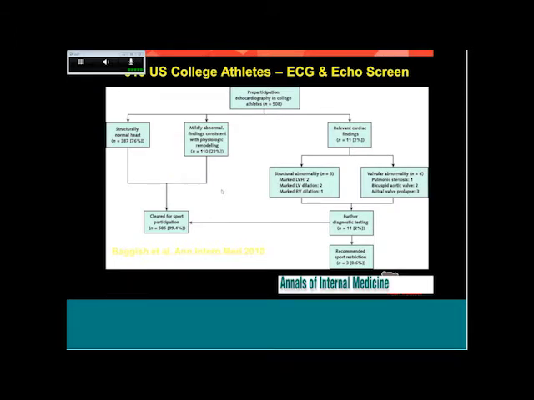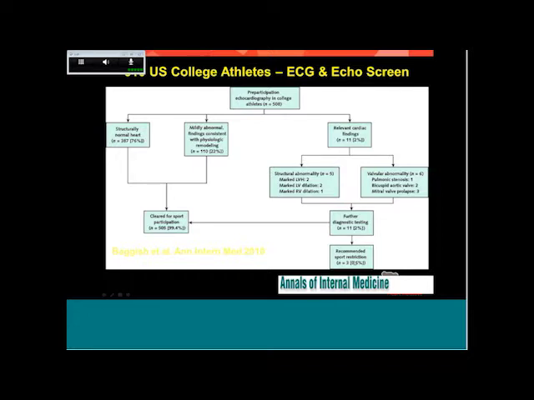This came out in U.S. college athletes, a large number of whom got pre-participation echocardiograms to decide whether to be cleared. 99% of them were cleared based on the echo, where 11 of those 508 patients had some relevant abnormalities on their echocardiogram.